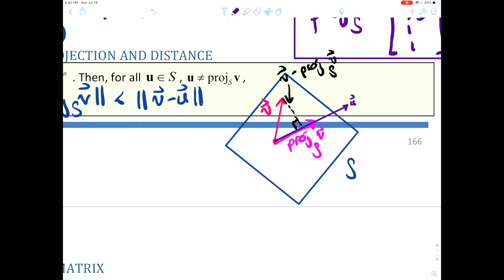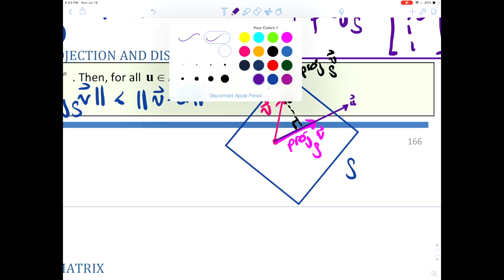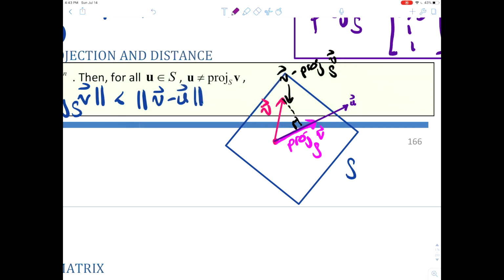So that's our vector U. What this theorem is saying is that this distance here between V and U, so this is the magnitude of V minus U, which is the distance between V and U, that's always going to be greater than V minus the projection of V onto the space S. Okay?